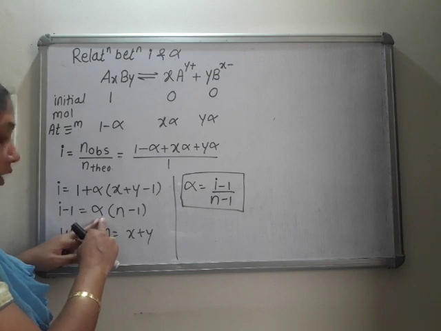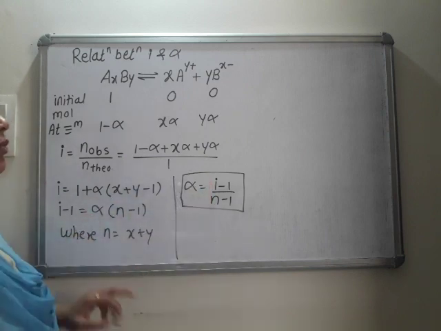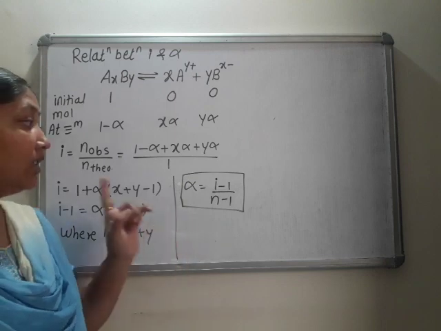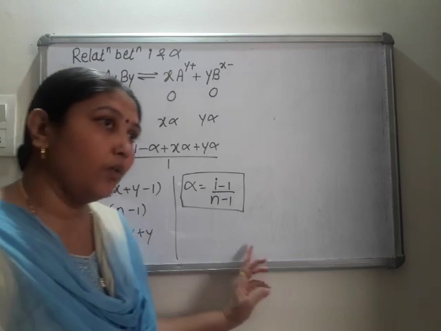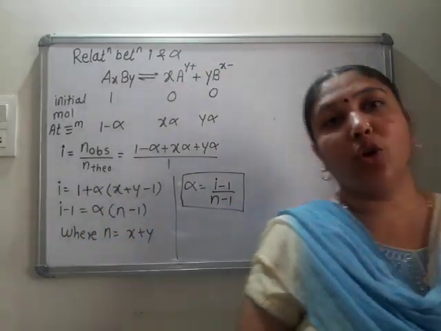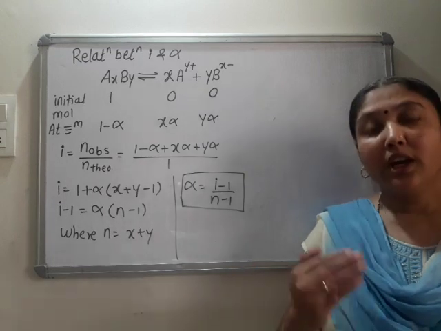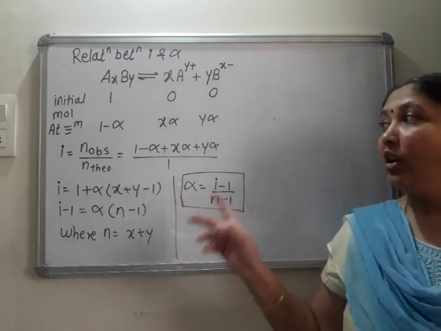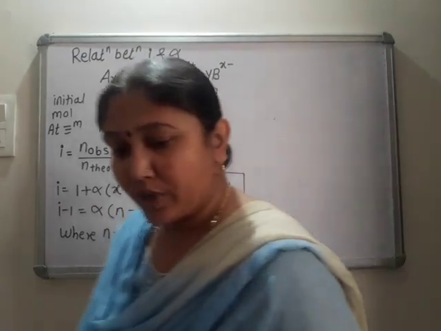Rewrite this equation in terms of alpha. So alpha is equal to (i minus 1) upon (n minus 1). This is the relation between i and alpha. Write this equation in your notebook, and that's all the theory part of the lesson on solutions. In the next lecture, we will solve numericals based on these topics. Okay.